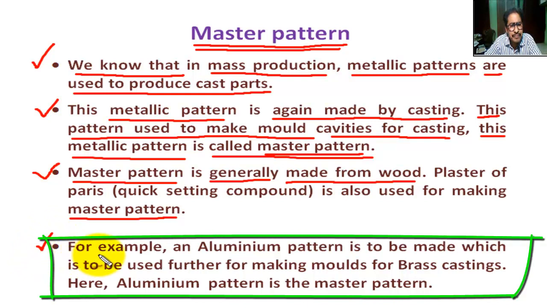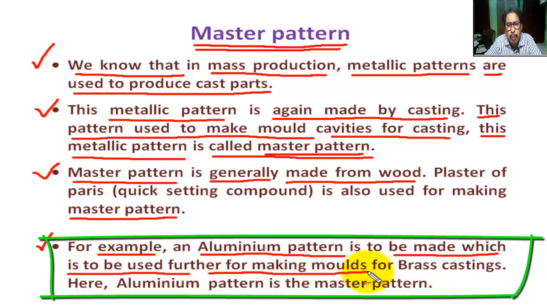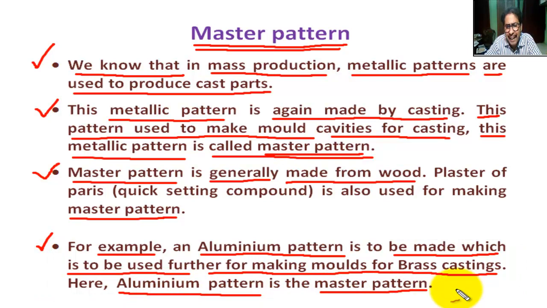For example, an aluminum pattern is to be made which is to be used further for making mold for brass casting. Okay, here aluminum pattern is the master pattern. Okay.